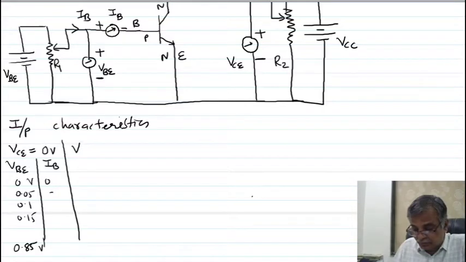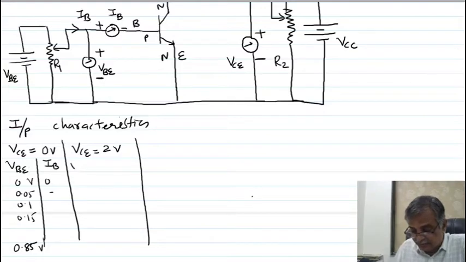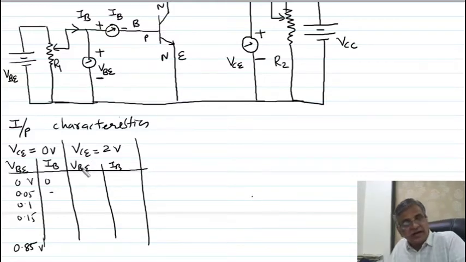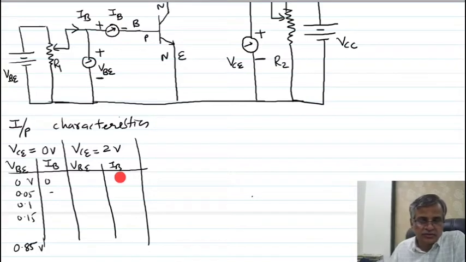Repeat the same procedure for a higher value of the VC. Here I have kept VC as 2 volt. Again I vary the VB and note down the corresponding value of the base current.